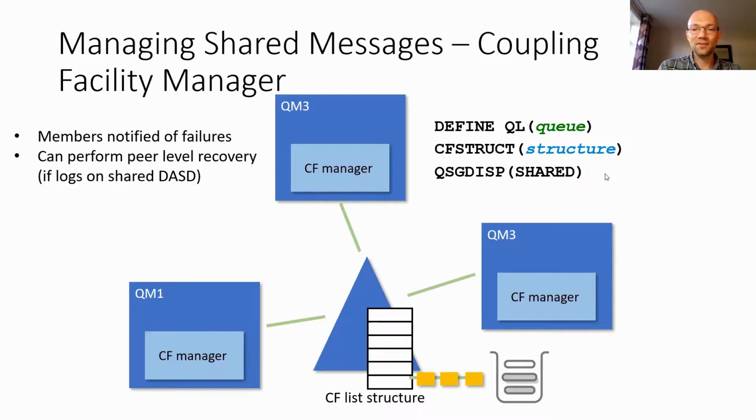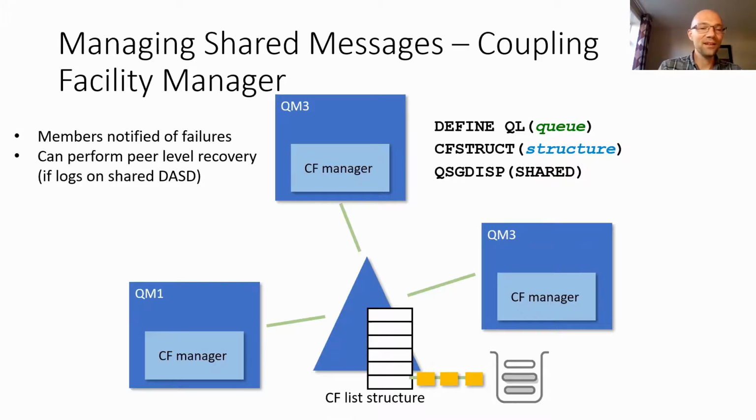Also, some unique features to do with QSGs and shared queues, enabled by the fact that we use the coupling facility to implement the shared queues, is that members get notified of failures of other members in the queue sharing group.